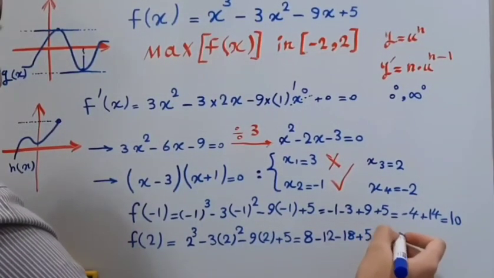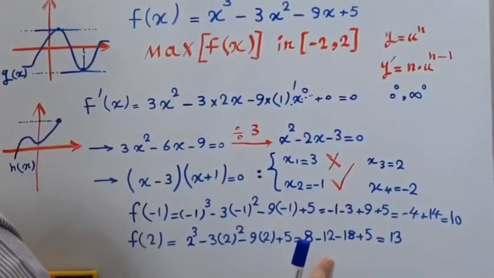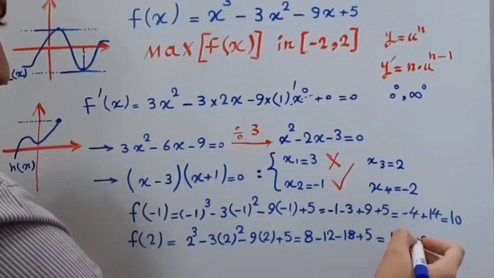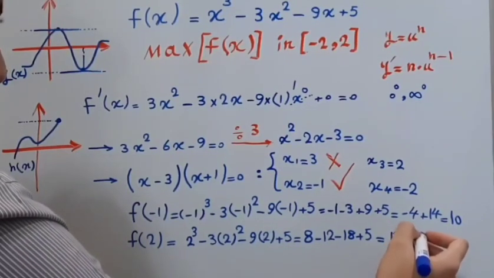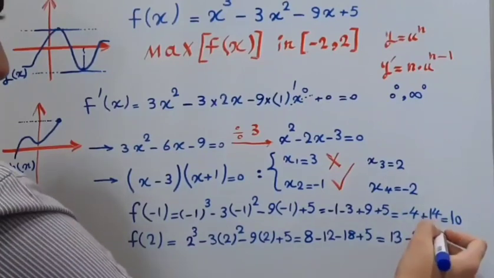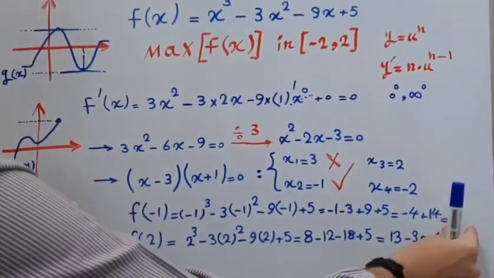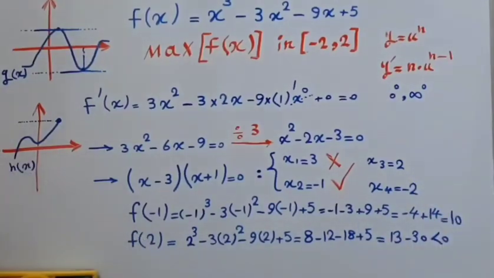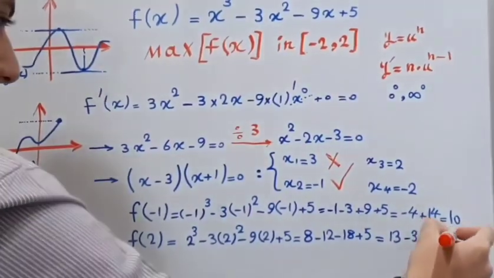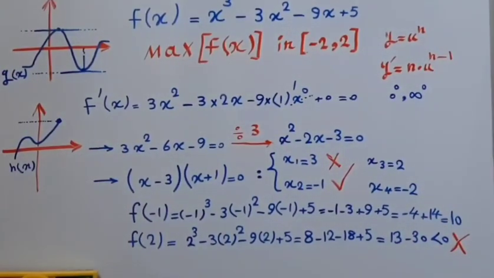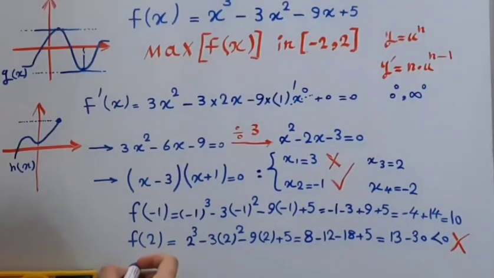That is minus 13, actually. And this is negative. Actually, this is smaller than this guy, so this is the maximum value again, and this guy is not actually good for us now.